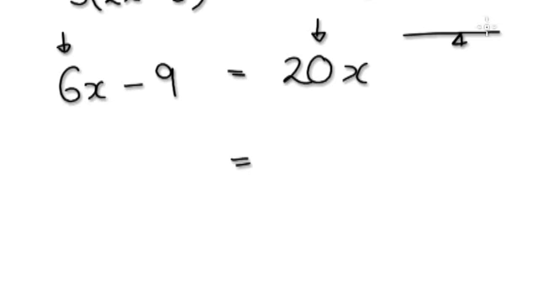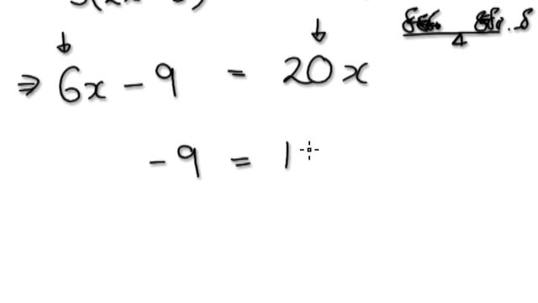It's like you having a balance here. So it's probably easier to throw away 6 bags on each side. So take away 6x from both sides. On this side it would be minus 9, and on this side it would be 14x.